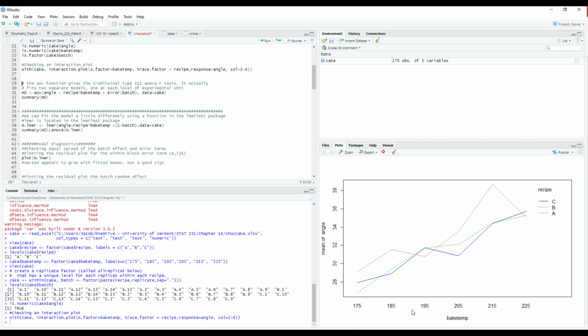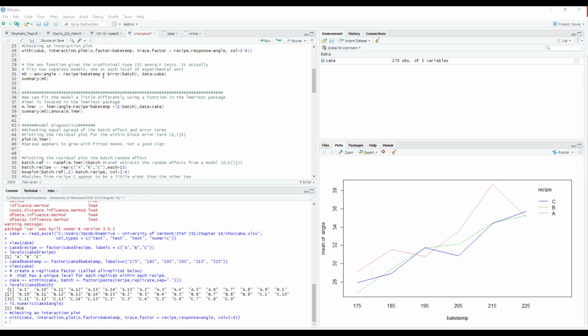So it doesn't really appear that recipe has much of an effect on just the break angle alone. But these lines do increase as the temperature increases, indicating that there does appear to be an effect of the temperature on the break angle. At least between 175 to 225, the higher the temperature, the larger the break angle.